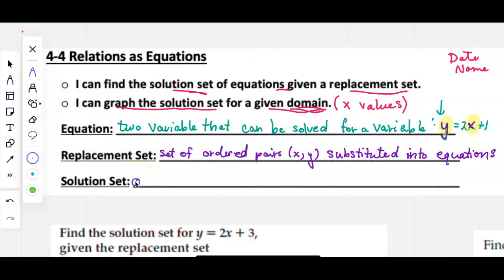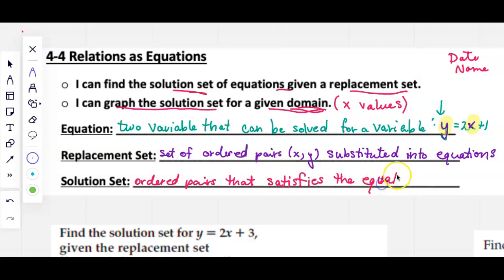Solution set are the ordered pairs that satisfy the equation.